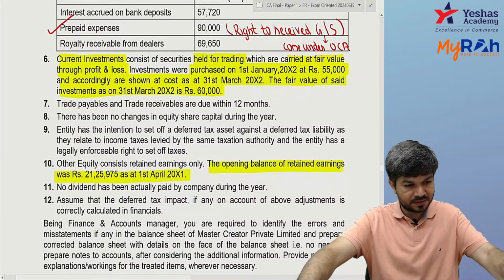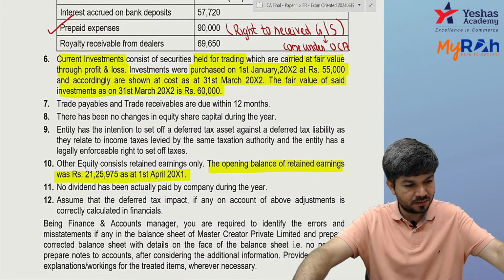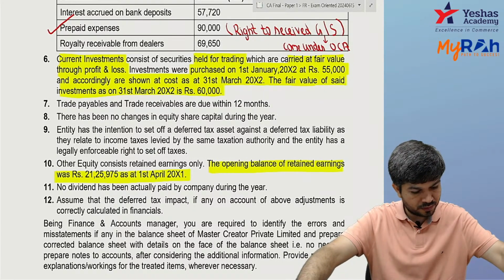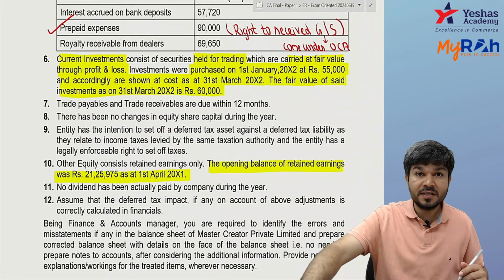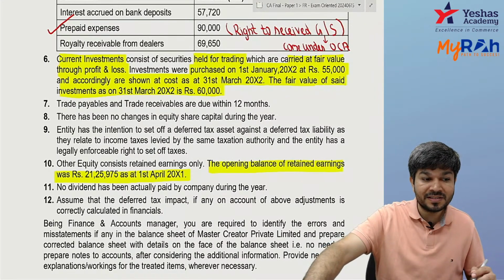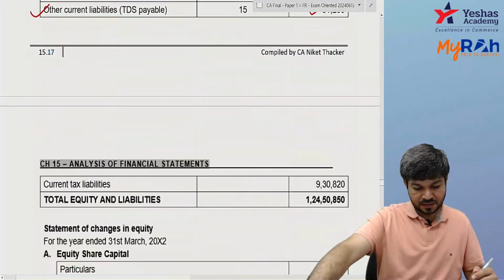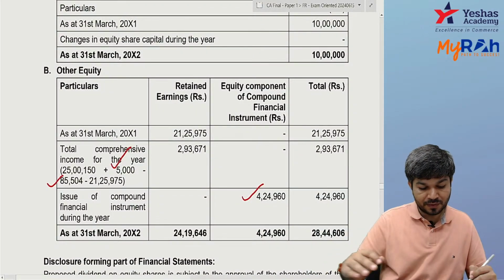And opening is 2,500,150, and this is 2,125,975. So current year profit was 374,175.